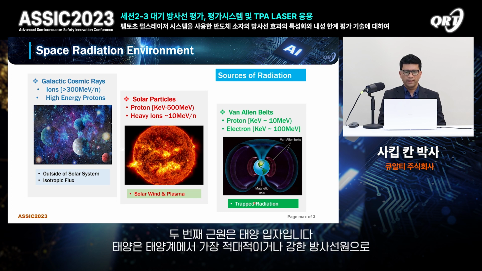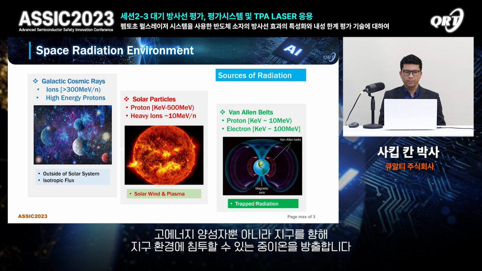The second source is the solar particles. The sun is the most hostile or intense source of radiation in our solar system. It emits high energy protons as well as heavy ions directed towards the earth, and they can penetrate into our earth environment as well.